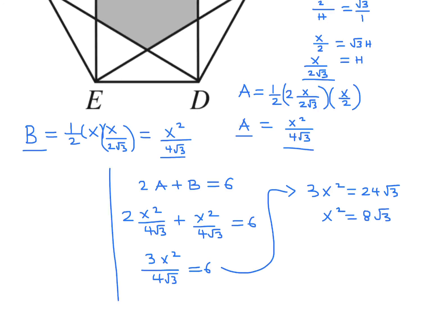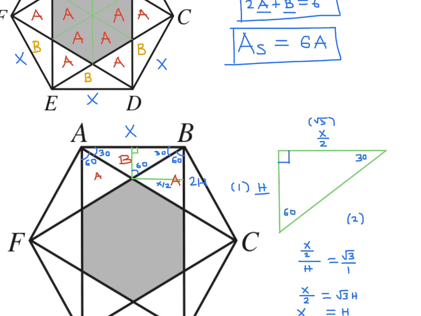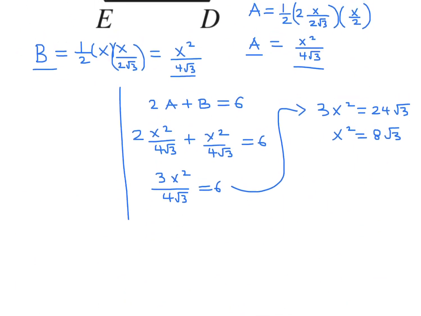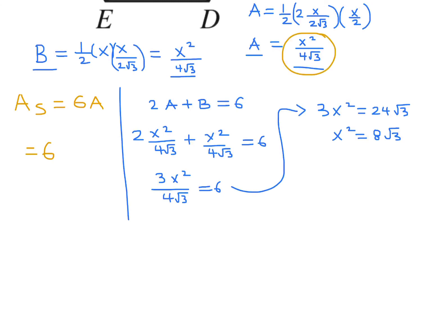And then finally, our shaded region was equal to 6A. So area of shaded region is 6A. Okay? 6 times A is right here, x squared over 4 root 3.